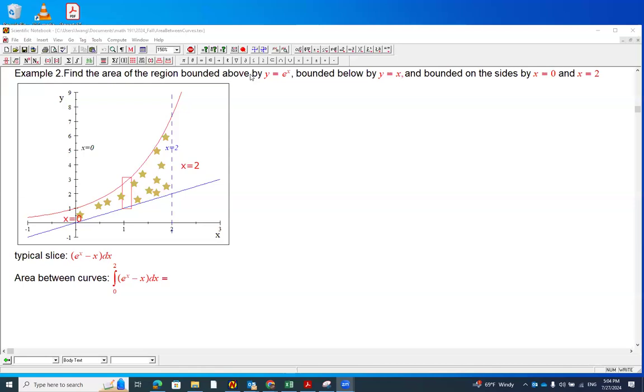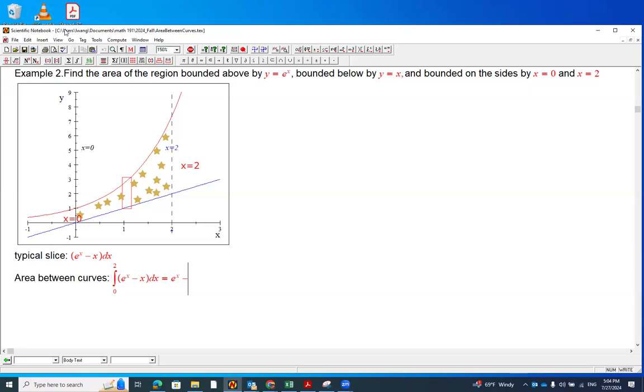So this is how to set up the area between the curves, and then you verify whether you got it right. Okay, so let's continue to finish the question, and we're going to apply the fundamental theorem of calculus part 2. The antiderivative of e to the power x is, of course, e to the power x.